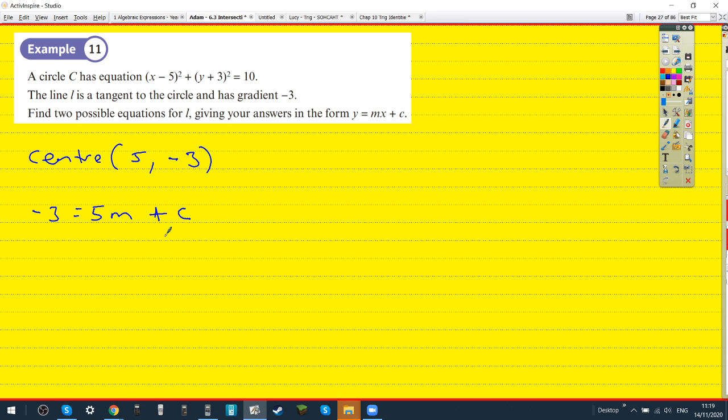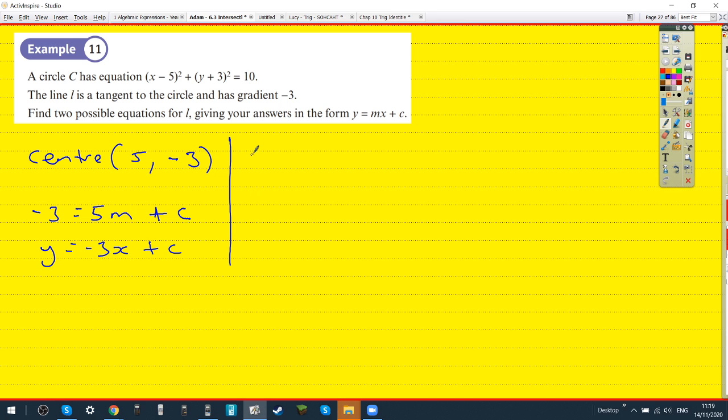So would it be written out as 0 equals -3m plus c? Let's say it will be written as y equals -3x plus c. We know that much.